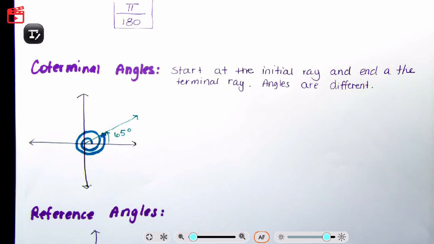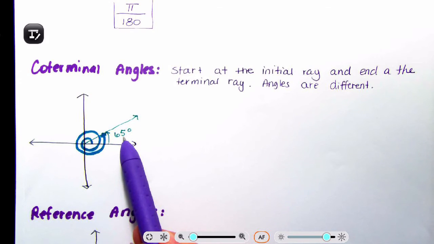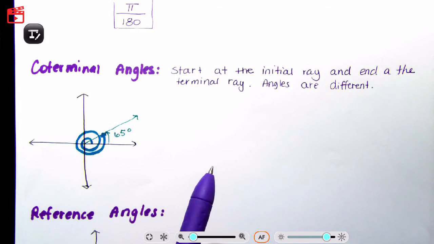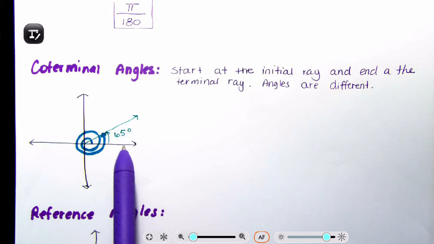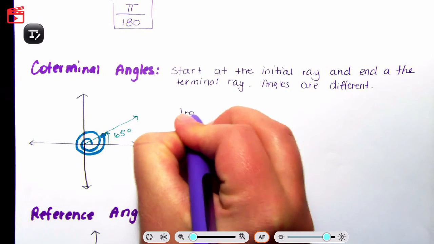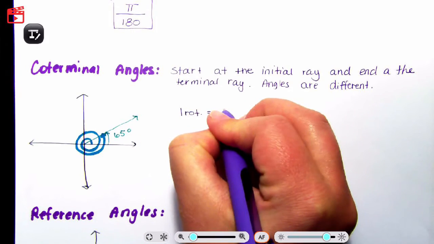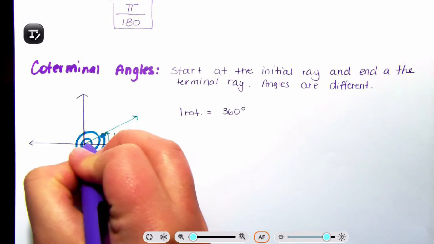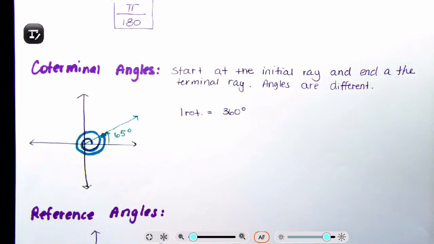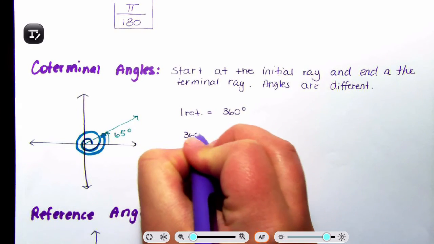So how do you find coterminal angles? You're going to use what we know about circles and what we know about one full revolution. If you have an angle that is in degrees, your coterminal angle has to be in degrees. If you have an angle that is in radians, then you would use radians for your rotations. So one rotation or revolution is 360 degrees. So how many circles do I have? I have one circle, so I have traveled 360 degrees.